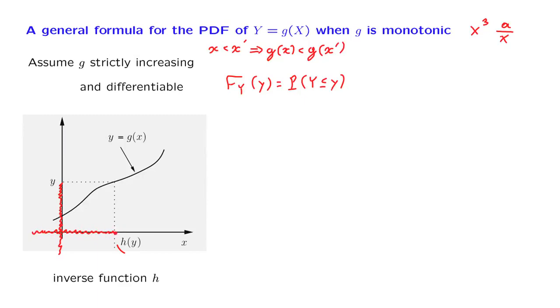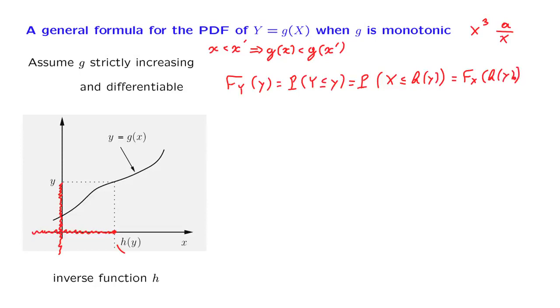Values of x smaller than this particular number result in values of y that are less than or equal to this particular number. So we can rewrite the event of interest in terms of the random variable x and write it as follows. We need to have x less than or equal to h of little y. But this is just the CDF of x evaluated at h of y.